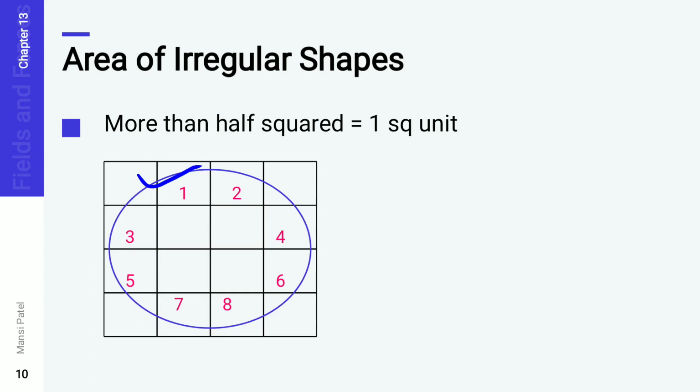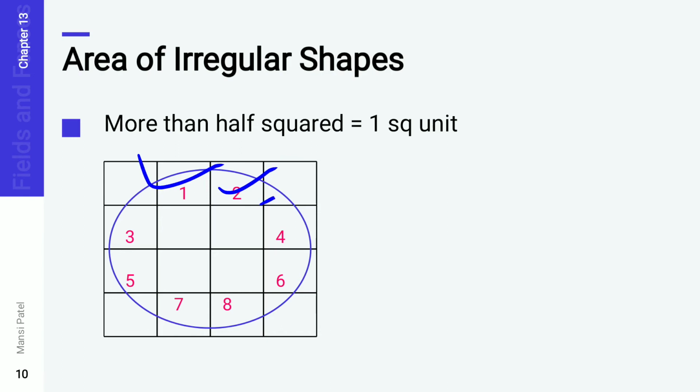See here, in this it occupies this much shape only. But this shape occupies more than half. So you have to consider it as 1. Then this one is 2.